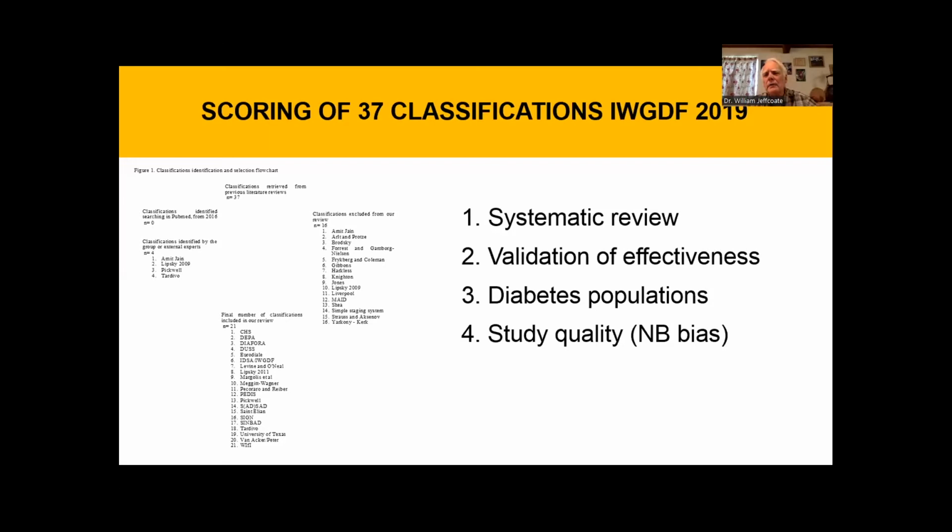How reliable is it? And what they did was a systematic review on all the different classifications that they were there, which is a lot of work because you've got to read all the papers. And they were looking in particular for validation that the classification worked for whatever purpose it was being used.